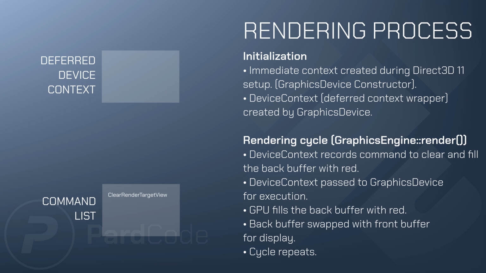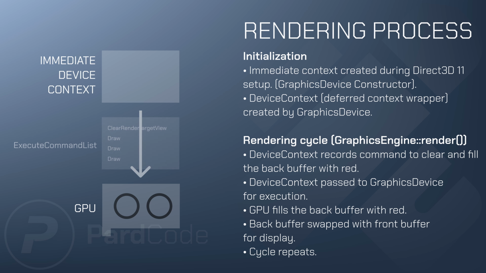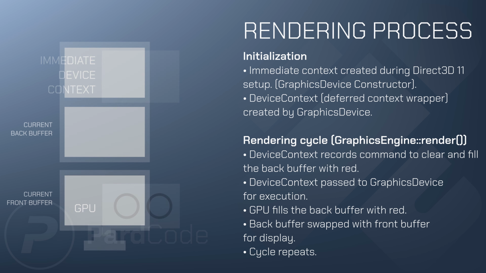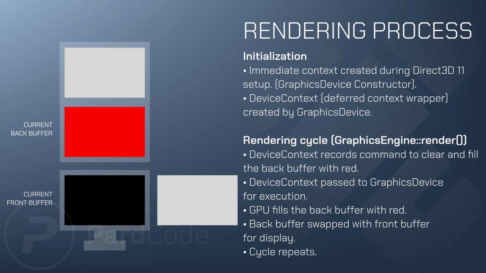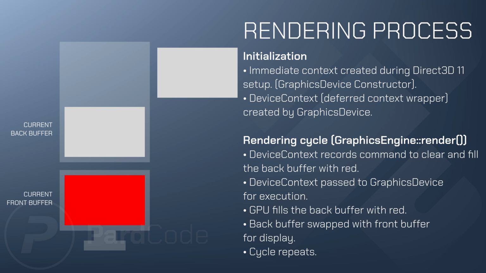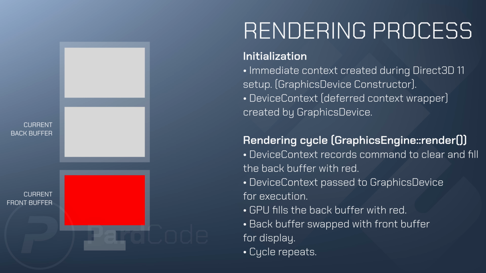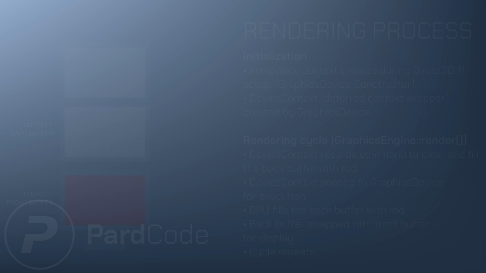Next, we will pass the context to the execute command list method of the graphics device class, allowing the GPU to execute the recorded command. Once that's done, the back buffer should be ready and completely filled with a red color. At that point, we will call the present method of the swap chain to swap the back buffer with the front buffer, so the final image can be displayed on the screen.